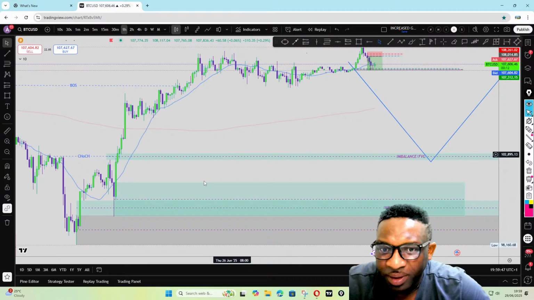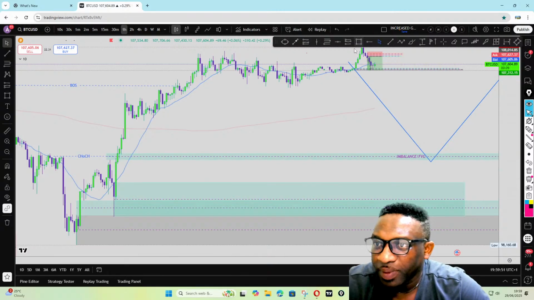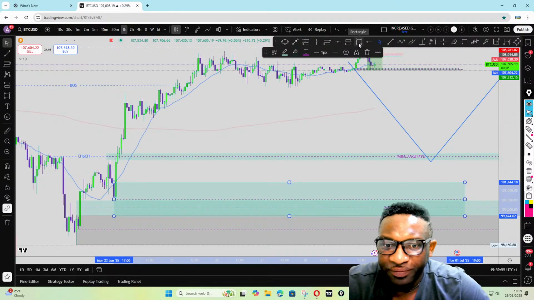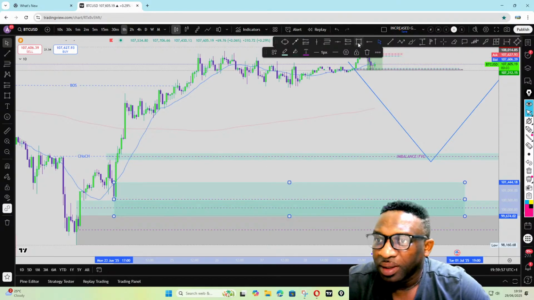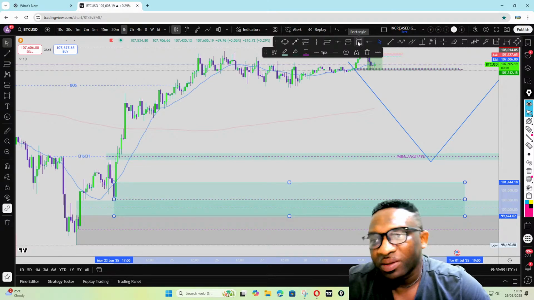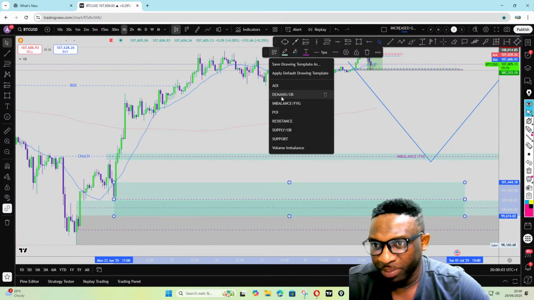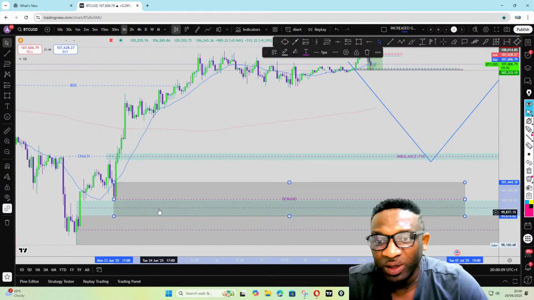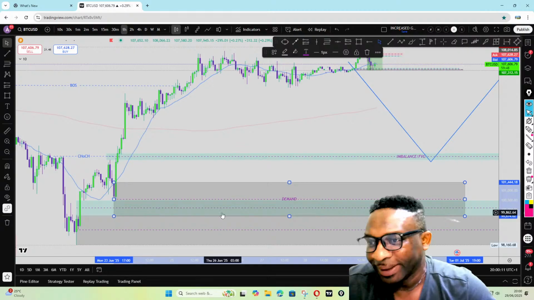So this now becomes our area of interest. As a matter of fact, if it works out to be in the same zone, even better. So once price gets to that same zone, we have it confluencing with the fair value gap and the demand zone. It's even better.